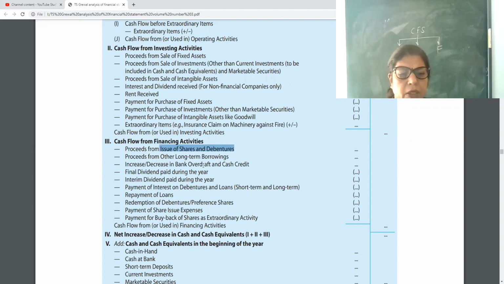Proceeds from other long-term borrowings: the organization is taking long-term loans, borrowed funds. So that will also be in here. Bank OD and cash credit, short-term loans, are also here.